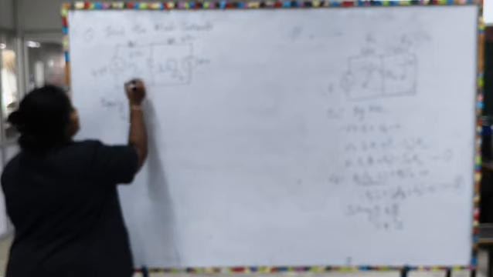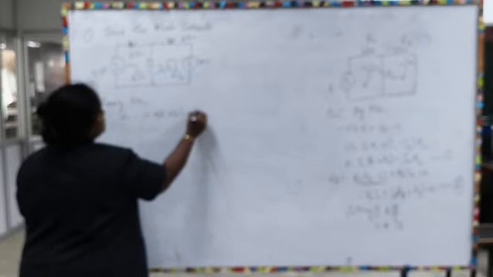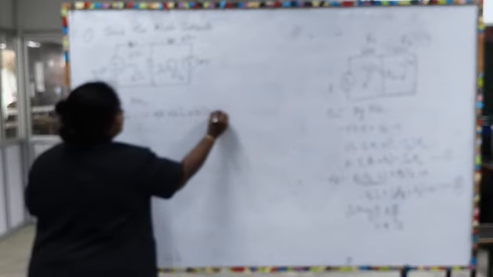So, by applying the KVL equation in loop 1, you will get minus 42 plus 6 into I1 plus 3 into I1 minus I2 equal to 0, right.